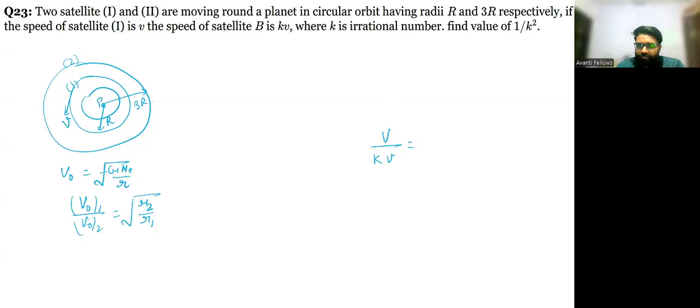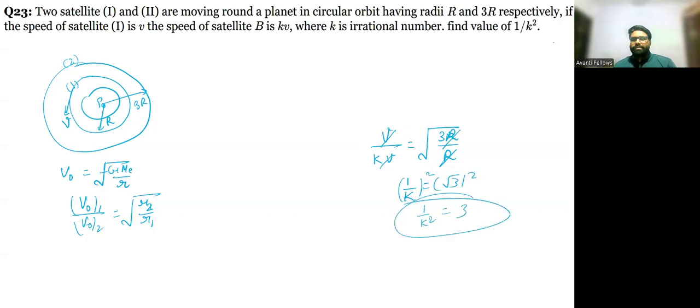So you can put that also. And here R2 is 3R, and R1 is capital R, doesn't matter. This will cancel out, V and V will cancel out. So 1 by k here is root 3. If we take the square of it, 1 by k square will become 3. The value of 1 by k square is 3.